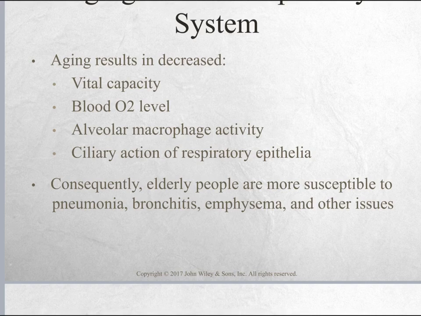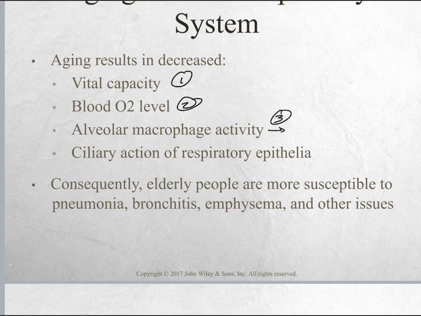The ease at which we're able to breathe and expand the thoracic cavity and those alveoli, the elastic recoil within those alveoli decreases, which means that our ability to breathe forcibly in and forcibly exhale, so forcible inhalation and forcible exhalation decreases, which means that overall, number one, our vital capacity will decrease. Our blood oxygen levels tend to decrease as we get older, again, due to long-term damage and lack of compliance from our respiratory system. Our alveolar macrophage activity, so this is number 2.